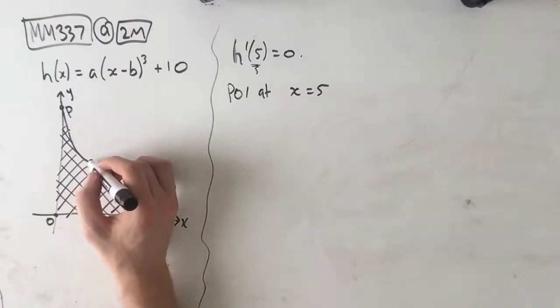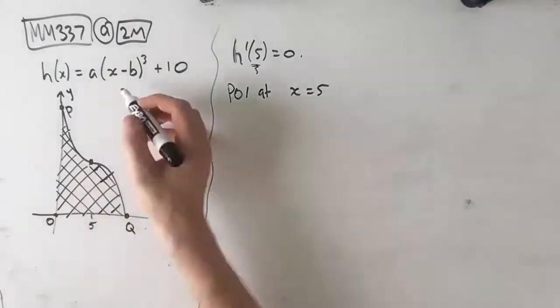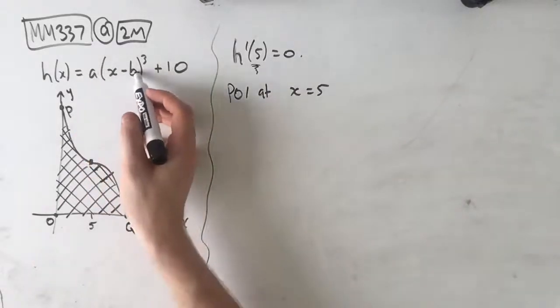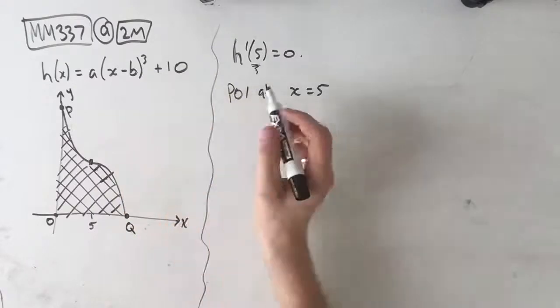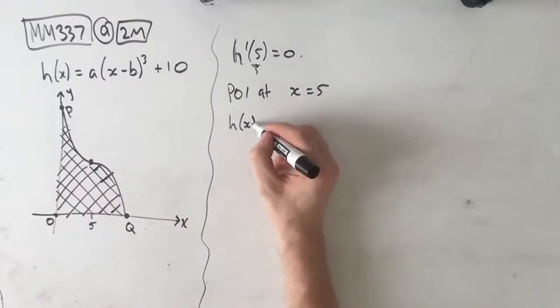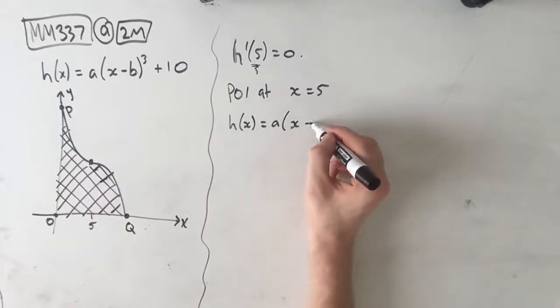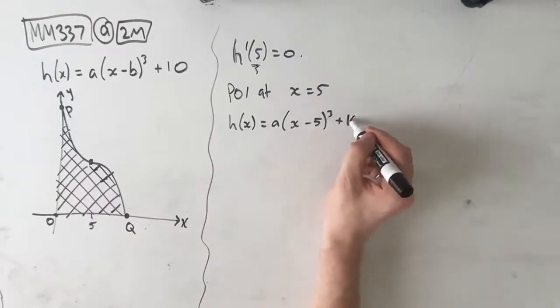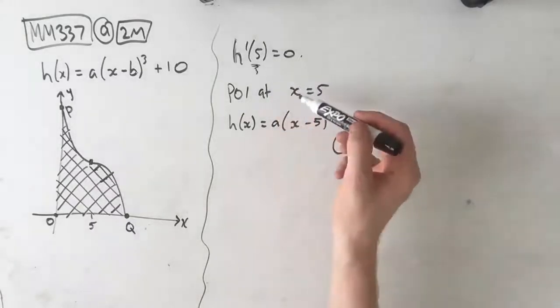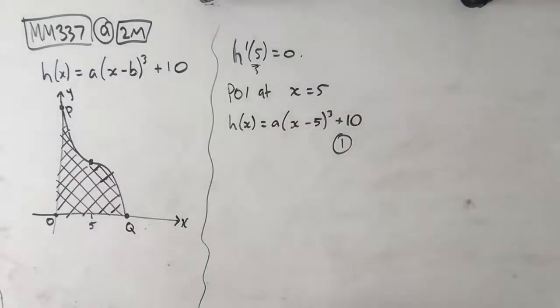And if our point of inflection occurs at x equals 5, because this cubic is in power form, that means that our b is equal to 5, right? So that means that h(x) = a(x - 5)^3 + 10. Okay, so that's our first mark. So finding that gradient is 0 and then finding that point of inflection there is our first mark. And our second mark will obviously come from showing that a is equal to -1/10.